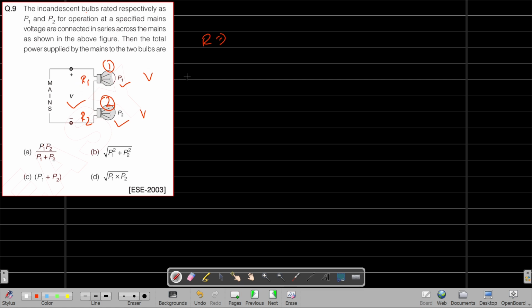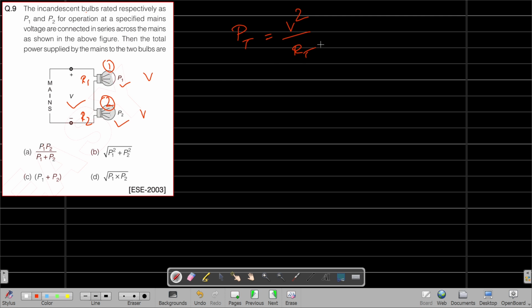So let's write the power formula, that is total power supplied equals supply voltage upon total resistance, that is RT.